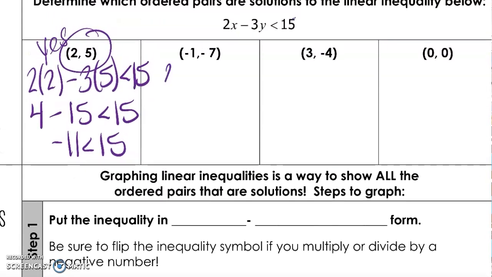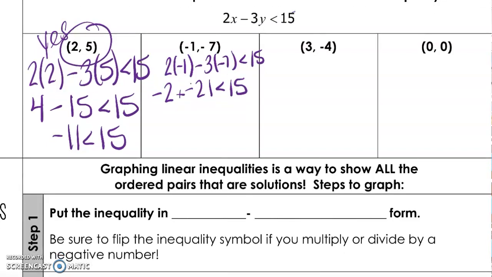For the middle one, 2 times negative 1 minus 3 times negative 7, is that less than 15? If you don't need to do that first step where you write it out and you can just multiply it, that's great. Negative 2 minus negative 21, is that less than 15? That becomes plus positive.